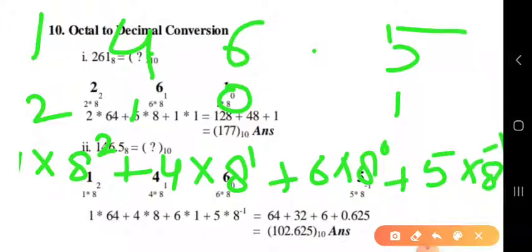This is the procedure. After solving it mathematically, we will get the answer. So this is the procedure to convert any octal fractional number to a decimal fractional number.